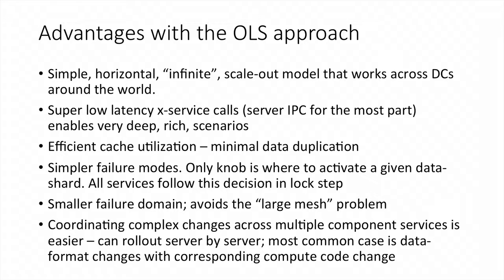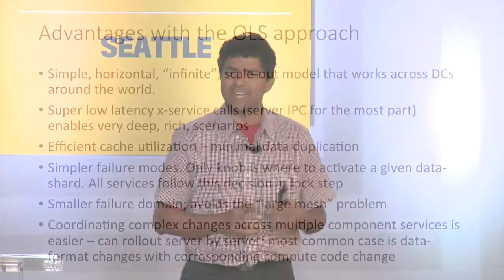The next one is very important, the super low latency cross-service calls. Within a data center, in the conventional model, you still have a network, even though it's a local network, to make the calls across services. So we have taken this philosophy of taking compute close to the data to the limit. Think of how you run your typical Hadoop-like systems, where you take your batch processing code and ship it to where the data is.